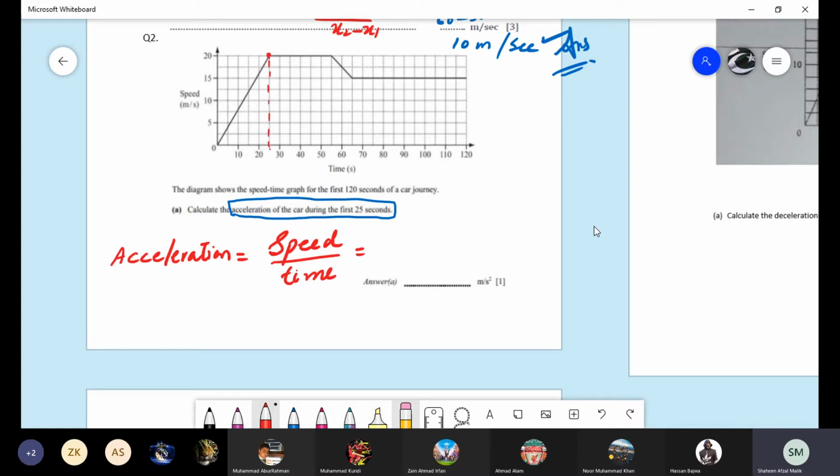From this point, after the first 25 seconds, you have to find out. So from here to here, you have to find out the acceleration of the car.